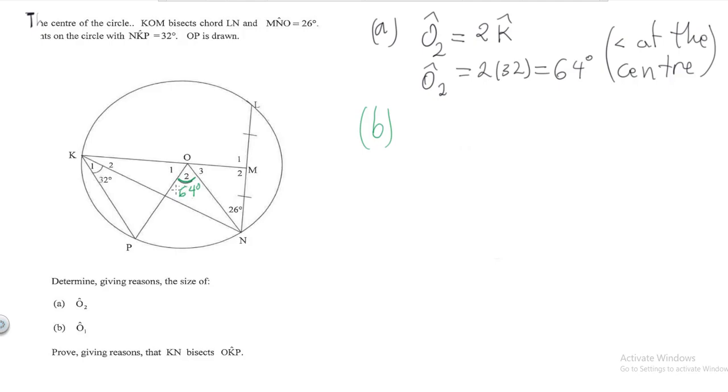O2. So if we know O2, what are we going to do here? We know O2. It's easy to know what? O3. Why? Because remember, M, there we go, M2 is equal to 90 degrees. Why?